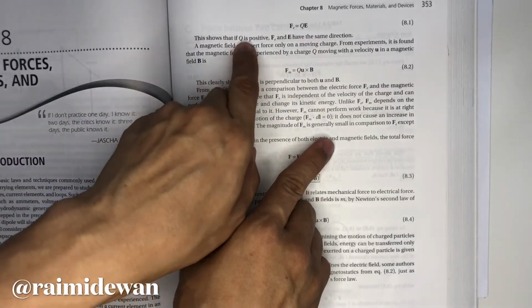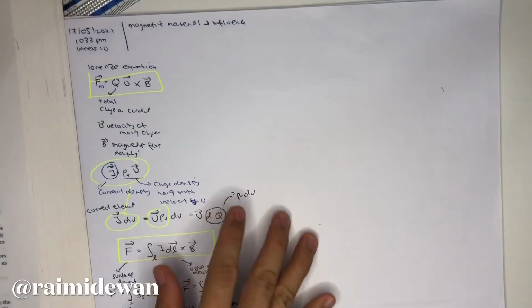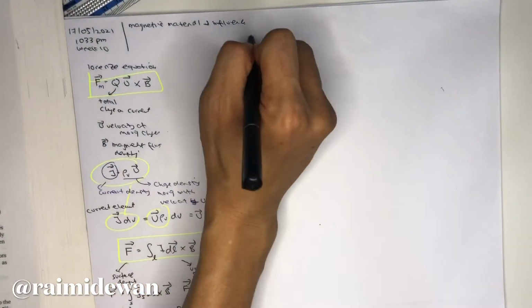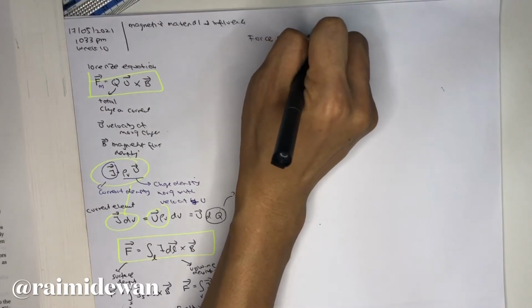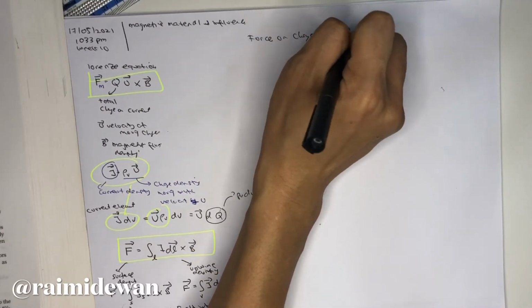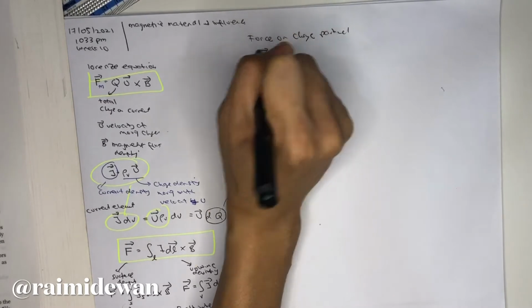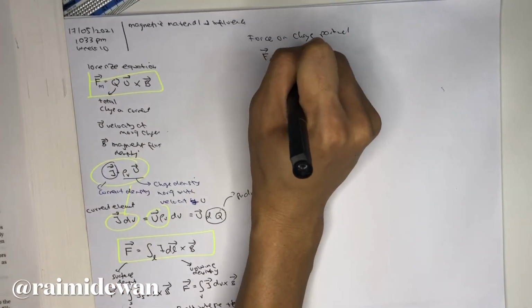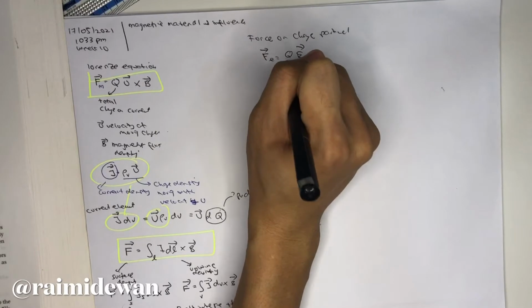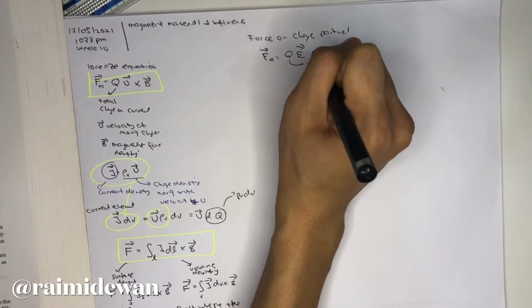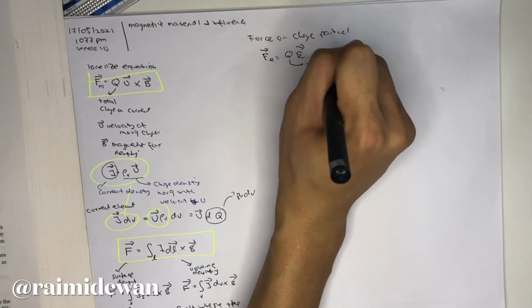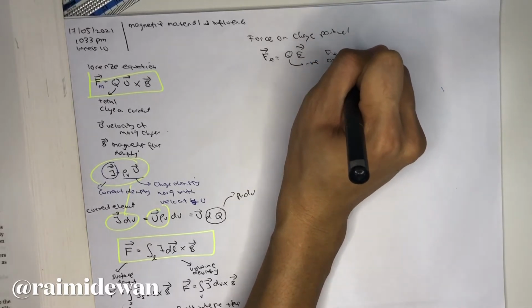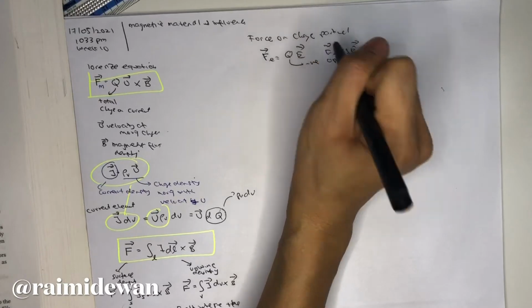So you need to see the Q. For a point charge, the force on a charged particle is vector F equal to QE. If Q is negative, this means they are in opposite directions, which means your Fe and your E are in opposite directions.